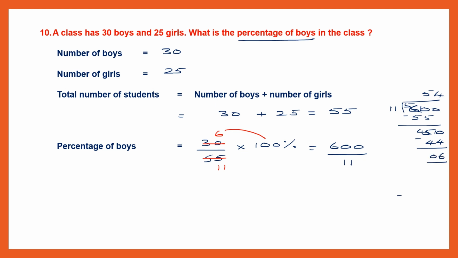So what is our mixed number? 54, 6 by 11. So the percentage of boys is 54 6/11, and put the percentage sign. We have been asked to find the percentage of boys, and we have just found it out to be 54 6/11%.